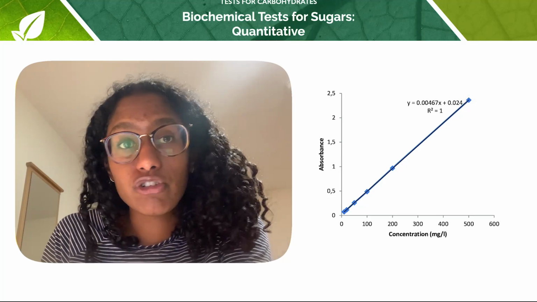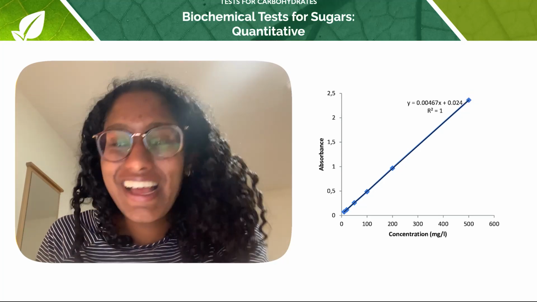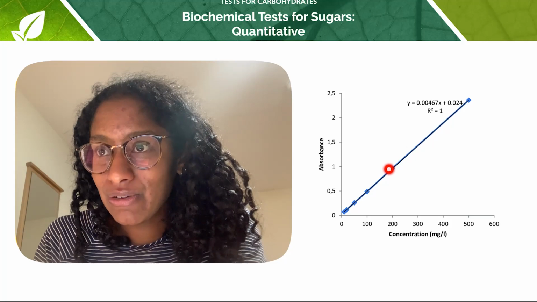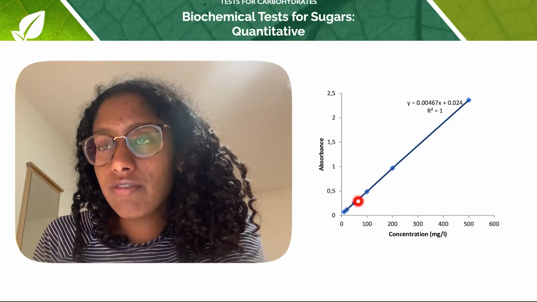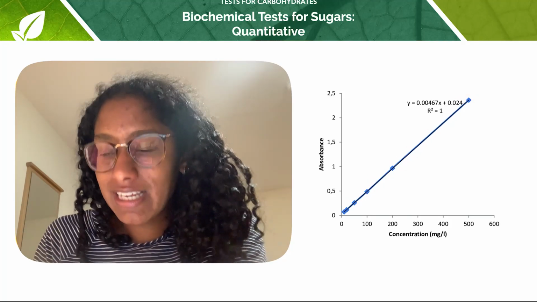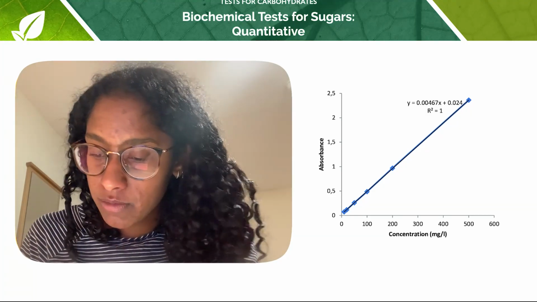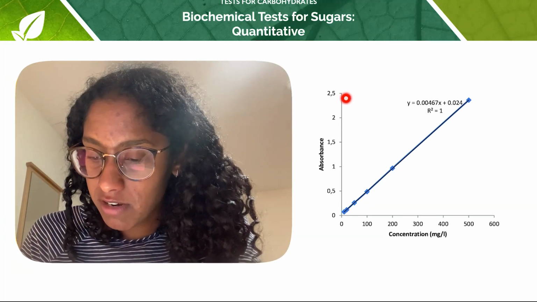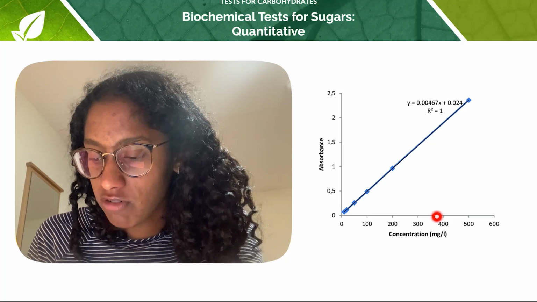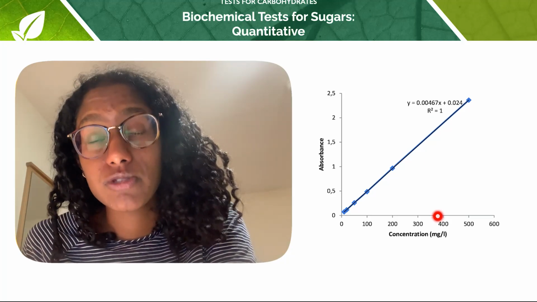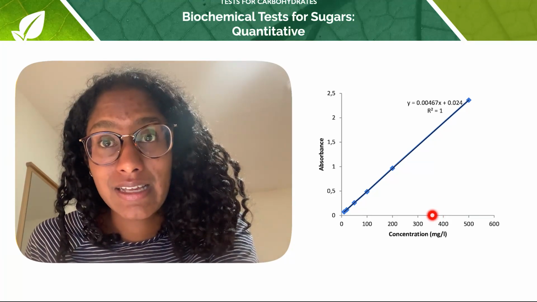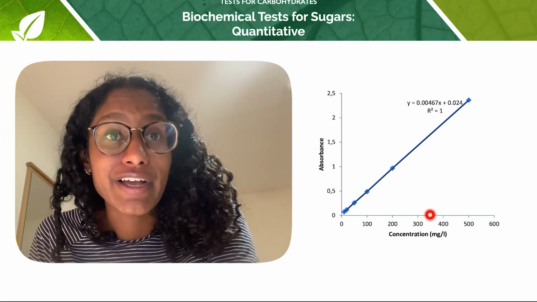We can then draw a line of best fit through all of those plots. And from that, we get a nice trend where we can essentially read off the graph. Whatever absorbance we have from just above 0 to 2.5, we can read off this graph what the corresponding concentration of glucose is. So that's how you use a calibration curve.